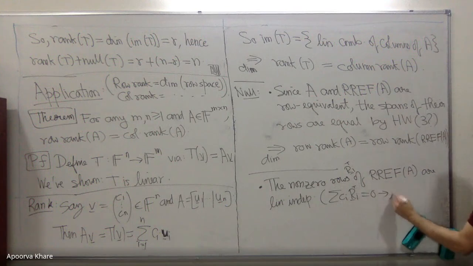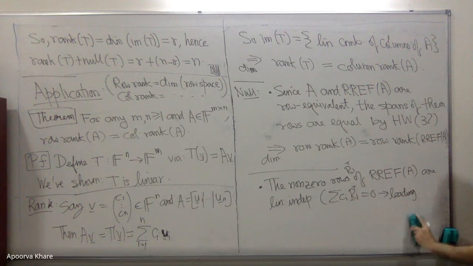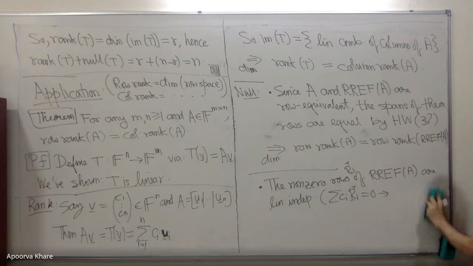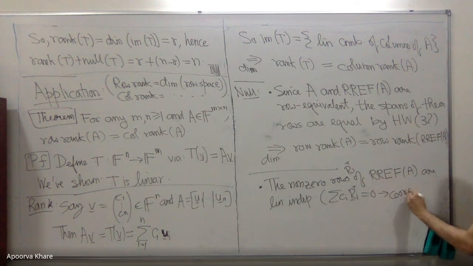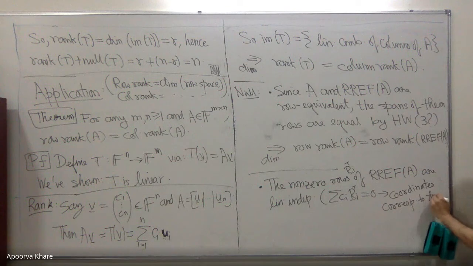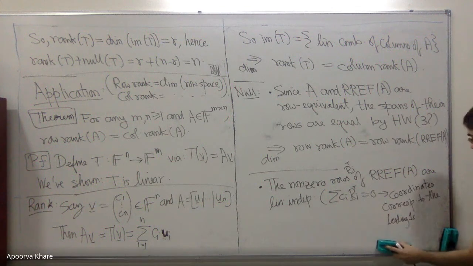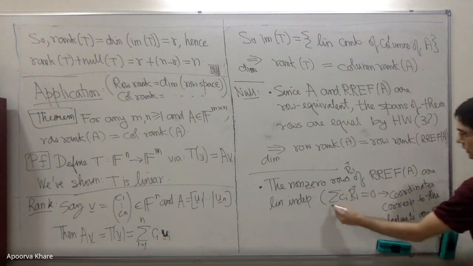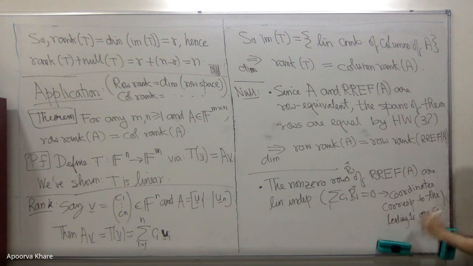But then look at the leading ones columns. The coordinates corresponding to leading ones are precisely C_i. And they must all be zeros because no other row has any non-zero entry there. Yeah? So those must be zero.